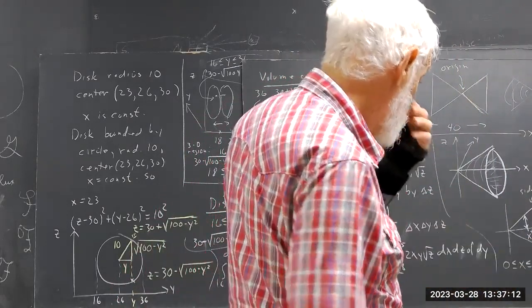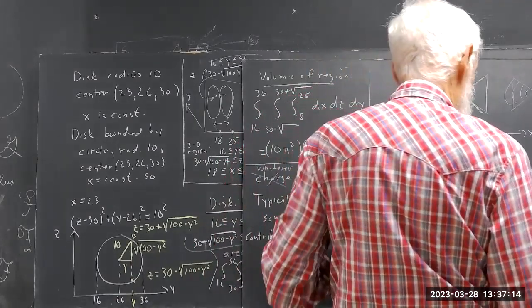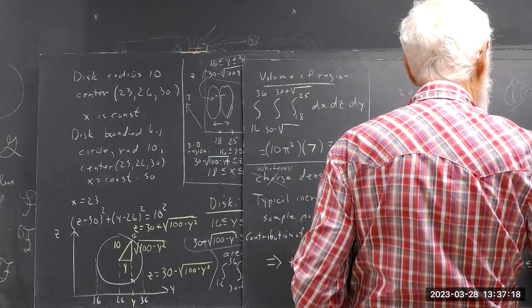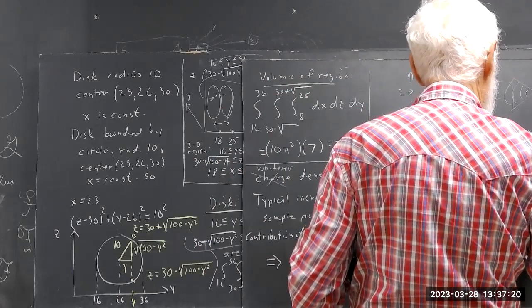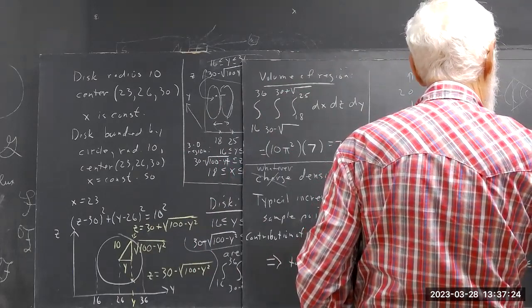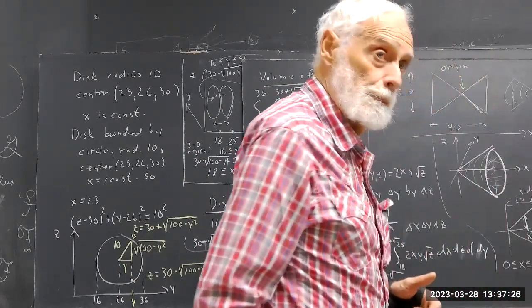So what's the radius? Well, we have to take the dimensions of this thing. This is 20 centimeters here, and of course it's 20 centimeters here. This is 20, and this is 20, right?